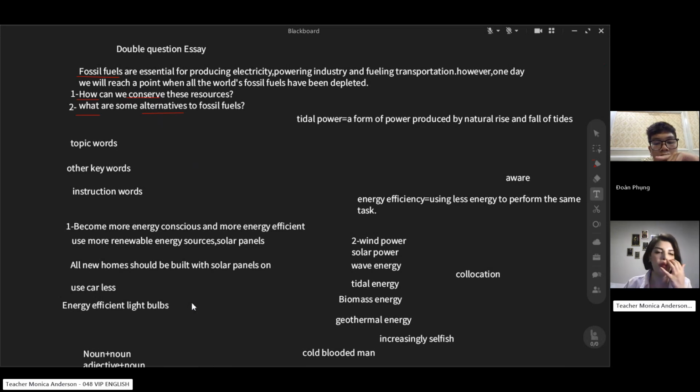Another way to reduce our fuel consumption is to car share, using a common car. So this is the explanation.